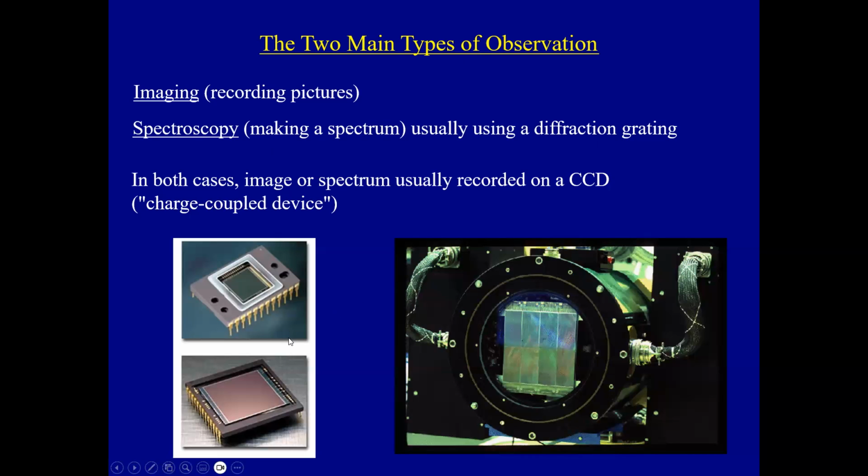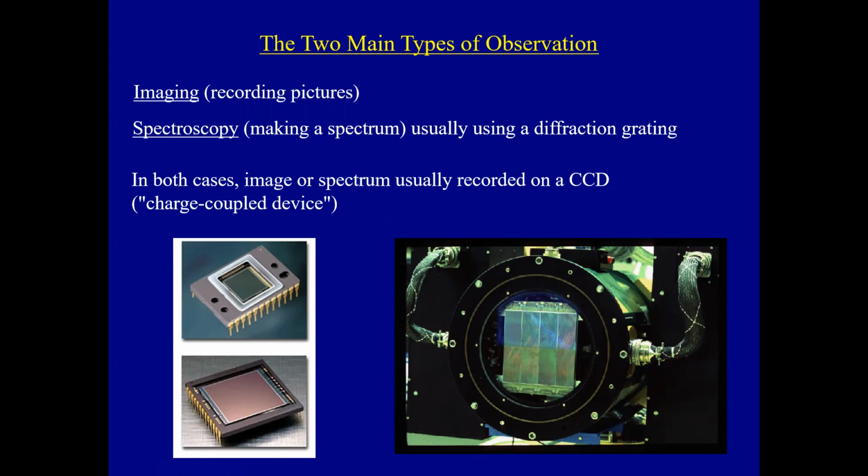A CCD is a camera sensor that can record light in a pixel grid, exactly what happens in a normal everyday camera. But CCDs are mostly monochrome, so they don't have different sensors for different colors.